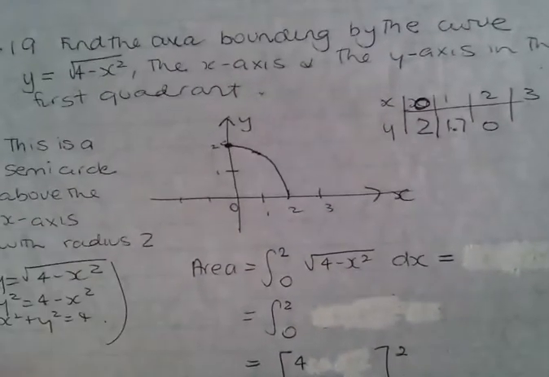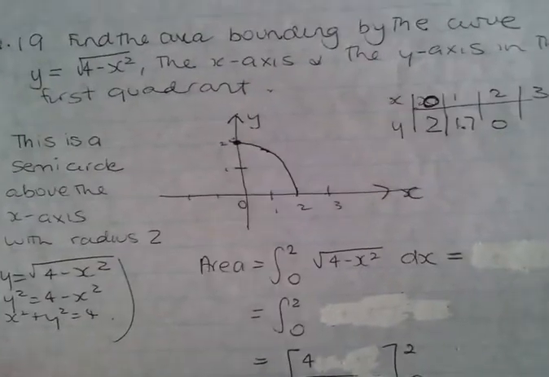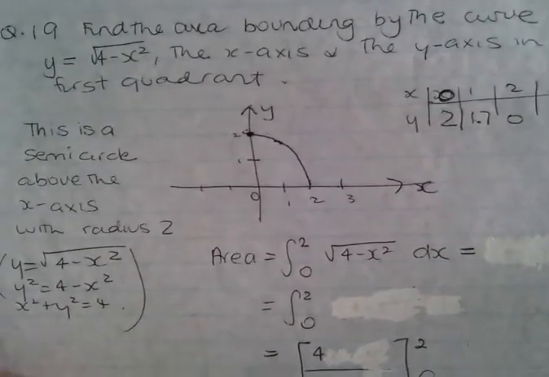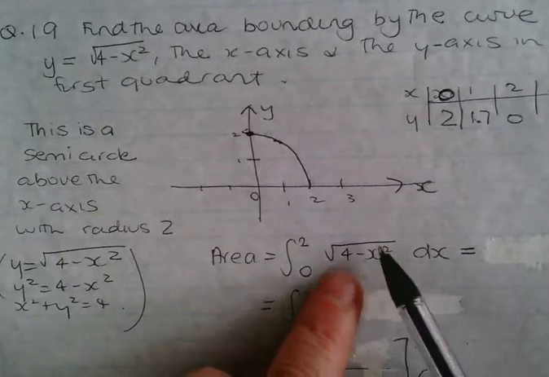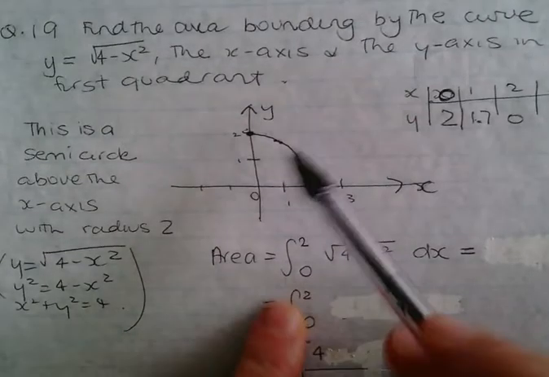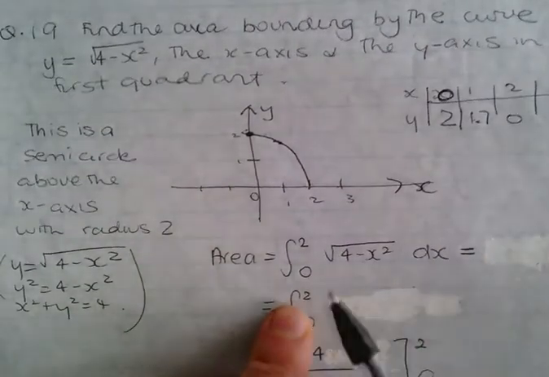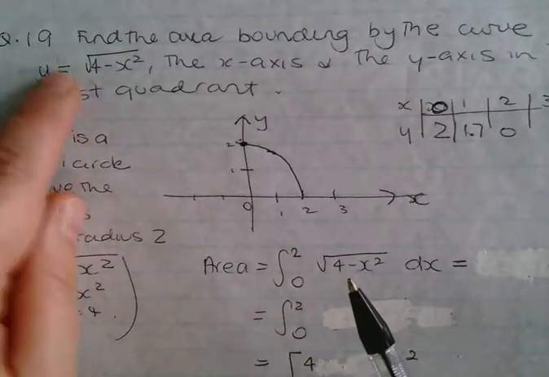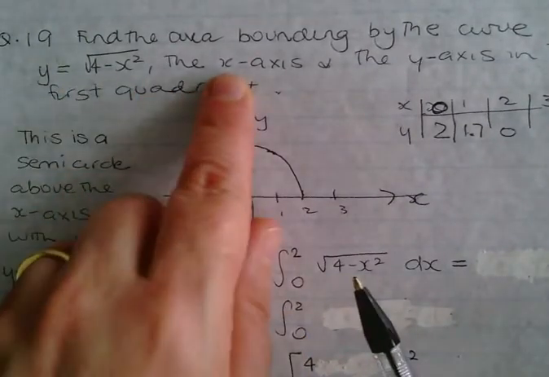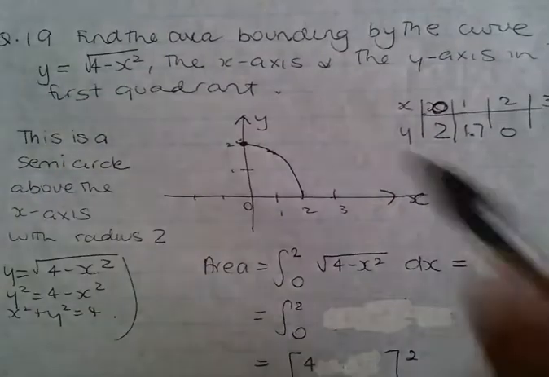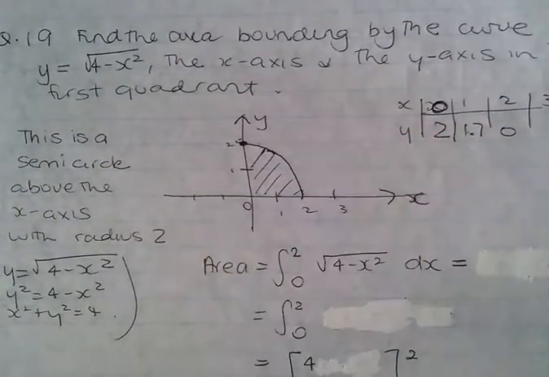In this last question here, question 19, this is done in the next video, but ladies, the thing is, you cannot integrate the area. If I ask you here, find the area bound by the curve y equals square root of 4 minus x squared, the x-axis and the y-axis in the first quadrant, I want this area.